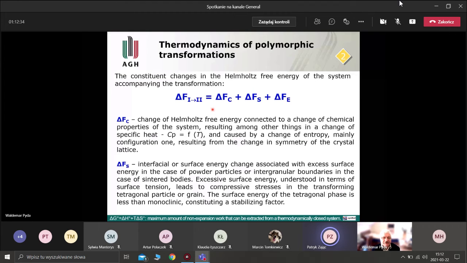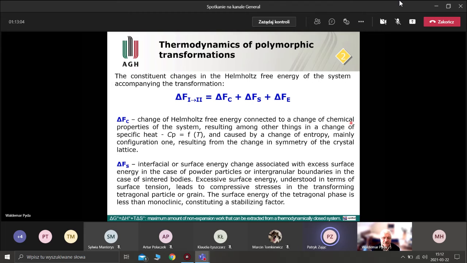Okay. Maybe via different particle size, or adding a stabilizer. I think you have read this sentence: change of Helmholtz free energy connected to a change of chemical properties of the system.